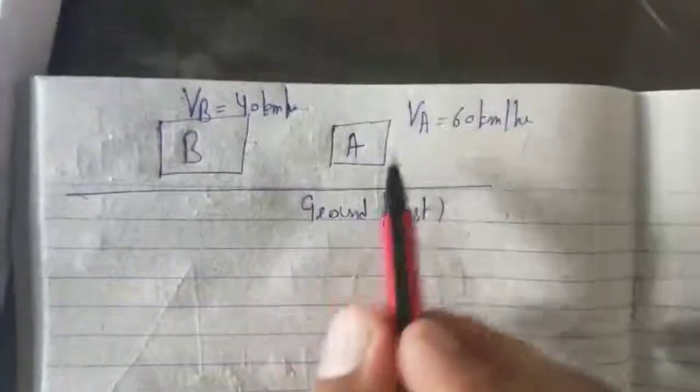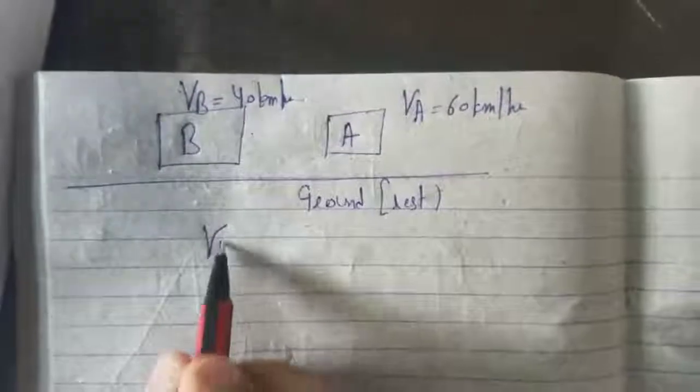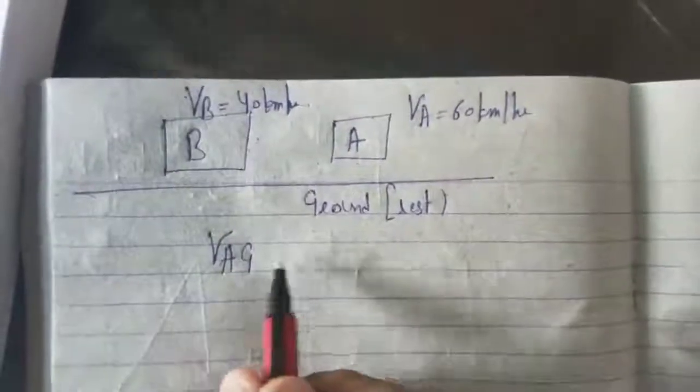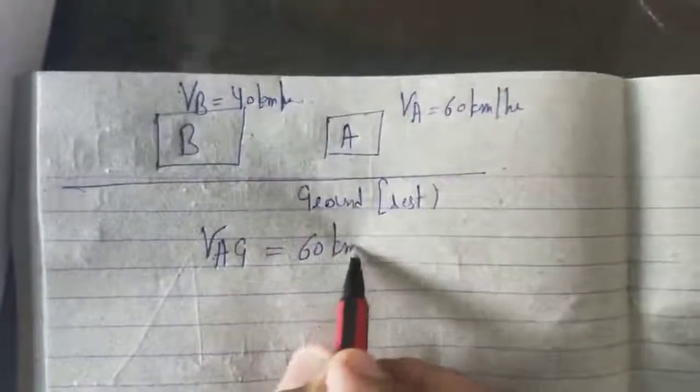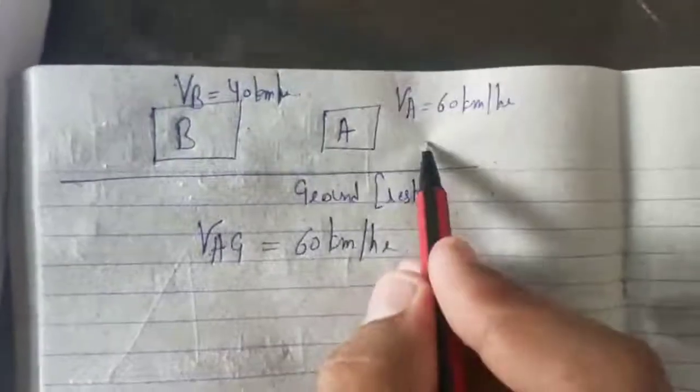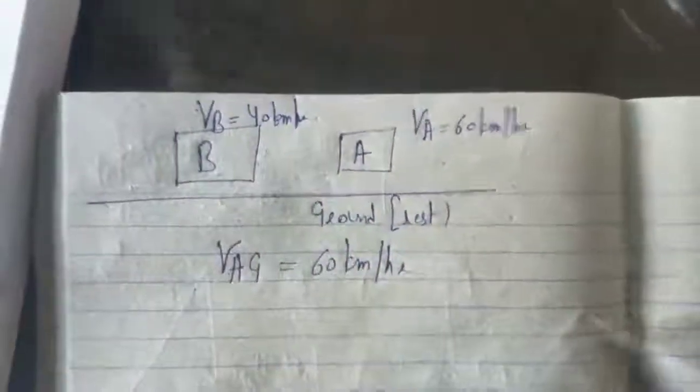When the ground sees the velocity of A, it will be 60. According to the ground, he is moving with 60, but according to B, he is moving with 20.